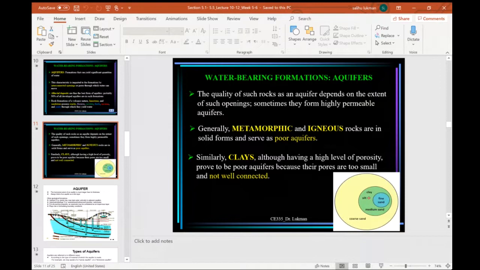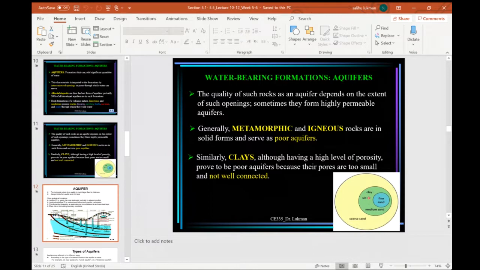Clays are usually classified as those with grain sizes less than 1 millimeter. So clay is a poor aquifer because although it has a high level of porosity because of the small size of the grains and pores, the pores are not well interconnected.